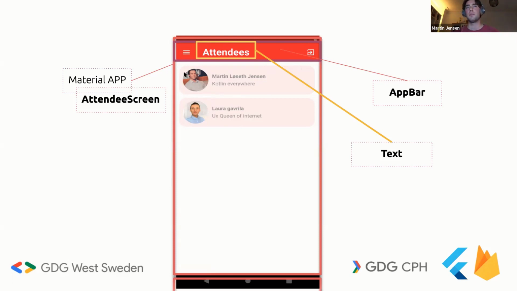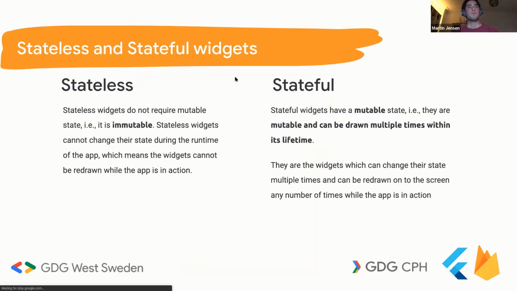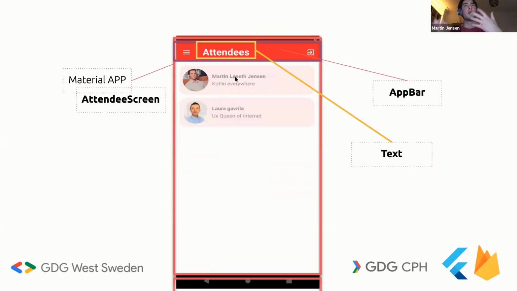And then you have some images and columns. So you will get a hang of it when you get more experience with Flutter, how you need to compose the UI for that.